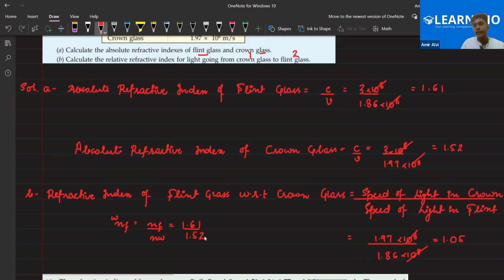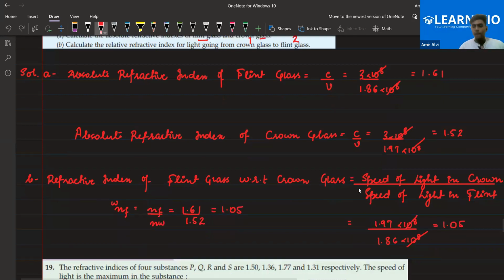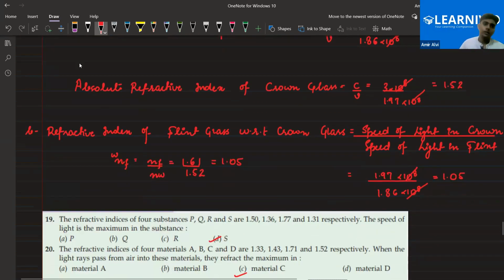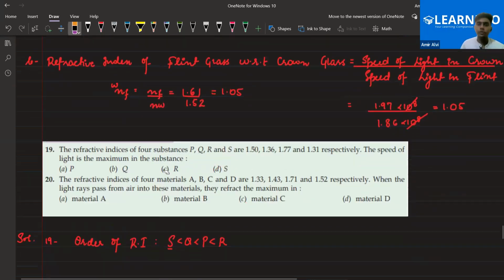So if you divide it, that would be 1.05. Clear? So these are the two steps that you can easily solve this question. Now, is this clear, Junaid? Yes. Any doubt so far? No doubts. चलो ठीक है जरा ये क्वेश्चंस करो आप, ये दोनों क्वेश्चन करो, मुझे बताओ इसका आंसर.